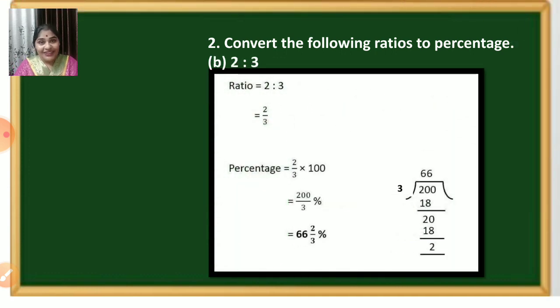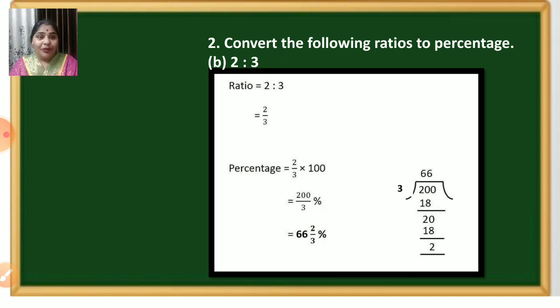Let us proceed. Convert the following ratios to percentage again, and the bit number B is 2:3. So 2:3 is nothing but, when we write in a fraction form, 2/3, okay, and multiply that by 100. You will get 2 into 100 is 200/3.